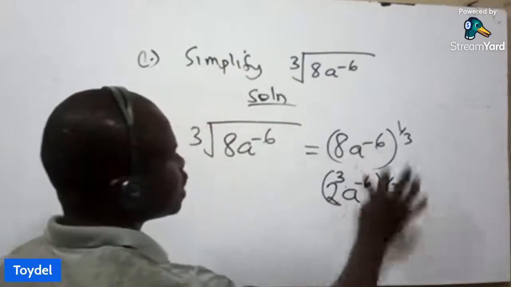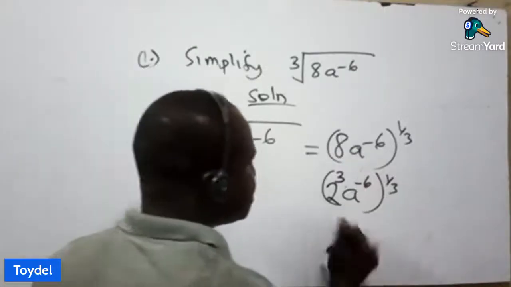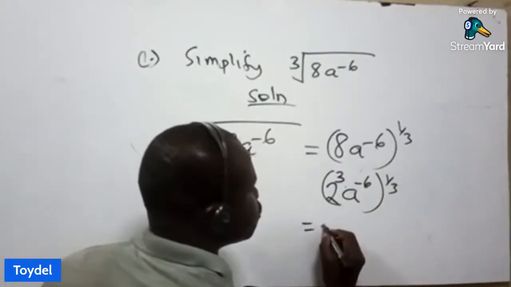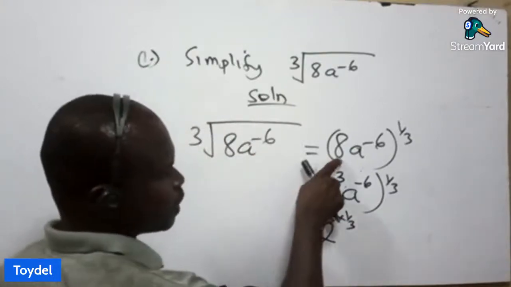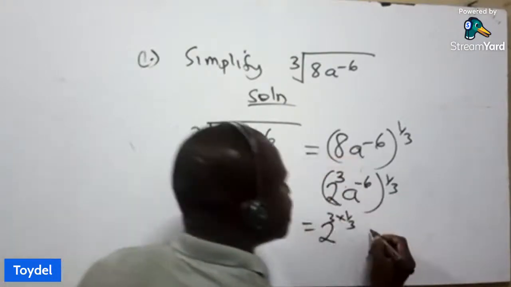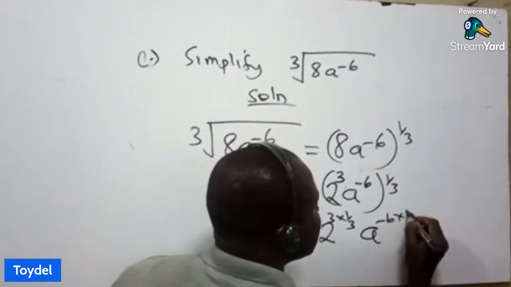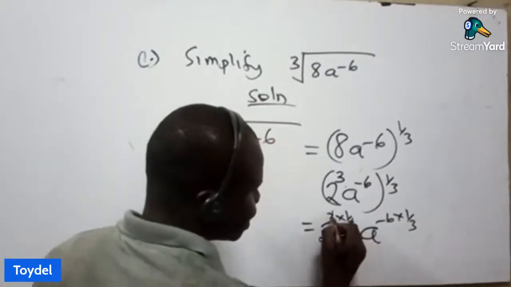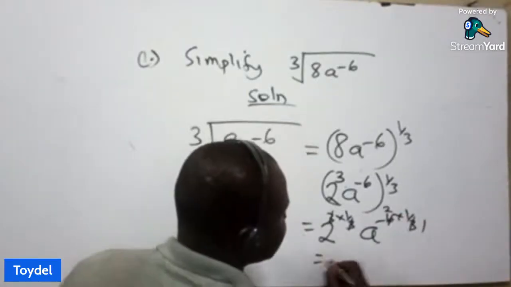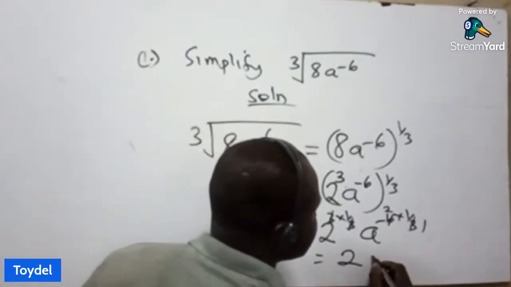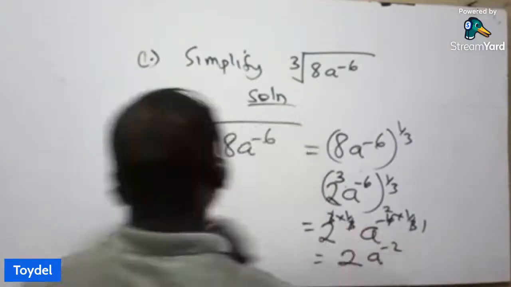This cube root covers everything. So the implication is that I'm going to have 2 raised to the power 3 multiplied by 1 all over 3, and a raised to the power minus 6 multiplied by 1 all over 3. This 3 takes care of this 3. At the end of the day, we are going to have 2 multiplied by a raised to the power minus 2.